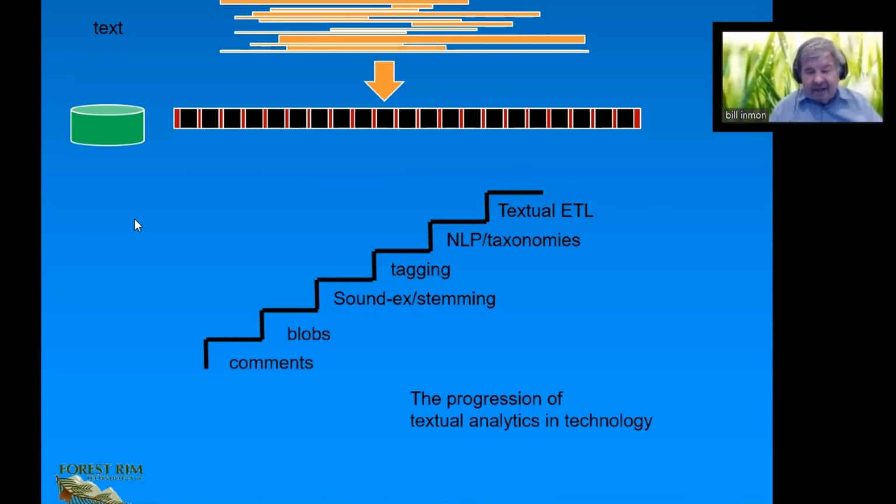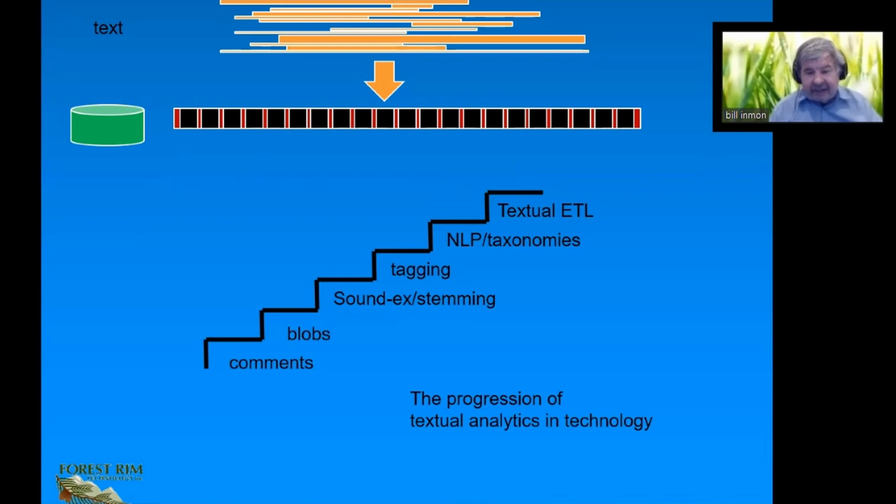And then after Soundex and stemming, we have tagging. Tagging is the practice of going into a document, finding what you think you want to find, and then making note of it. The problem with tagging is you have to know what you're looking for before you go into the document. And that presents a problem because the person writing the document can write anything they want. However, tagging is the first legitimate effort towards understanding the text in a document.